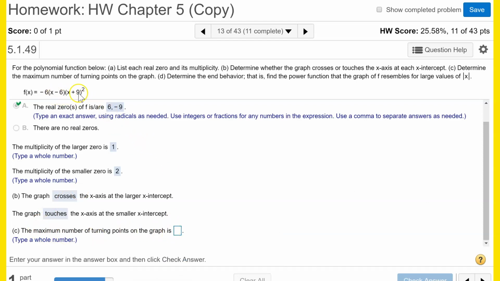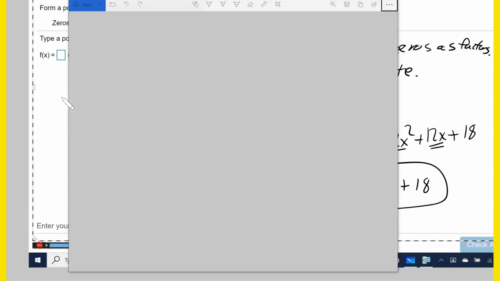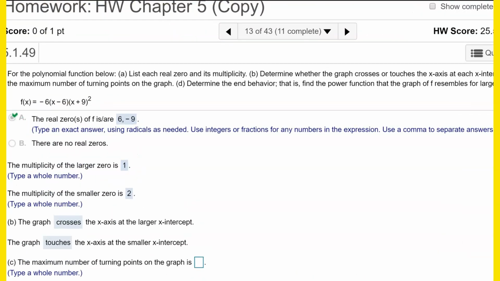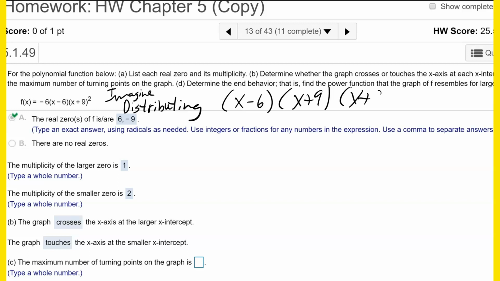Well, what is the degree of this polynomial? It might not be very obvious to you, so I'm going to have to point that out to you. You have to imagine if you were to distribute. Okay, you'd have an x minus 6, an x plus 9, an x plus 9.